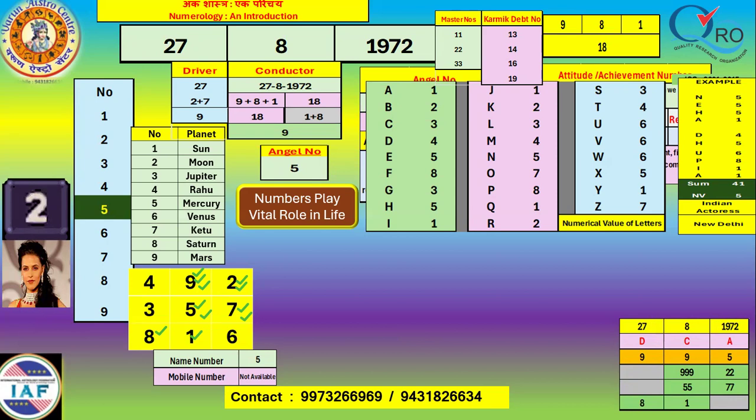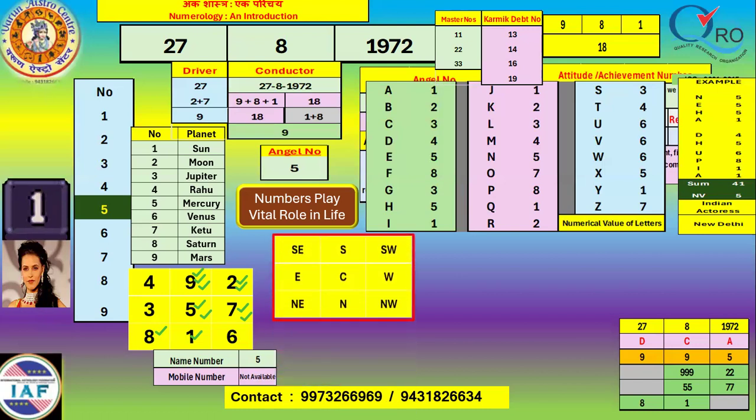If it is coming twice, 100% result. If it is more than twice, then negative impact is there. Similarly, if any number is missing, negative impact of that number is felt by the native. So the boxes which are empty, the native may have Vastu dosha in those particular directions. So these directions may be southeast, east, northwest for the native.